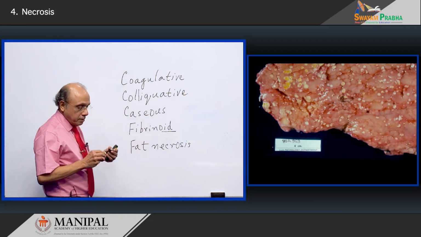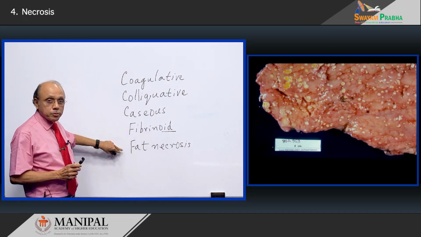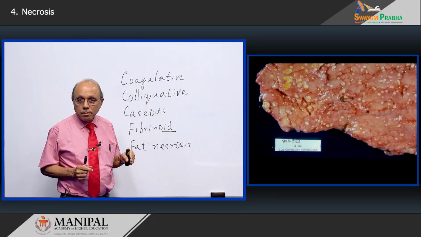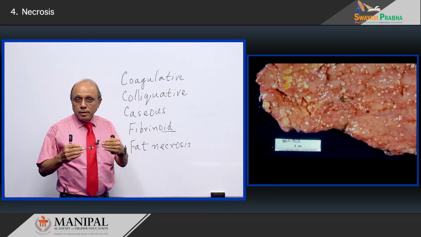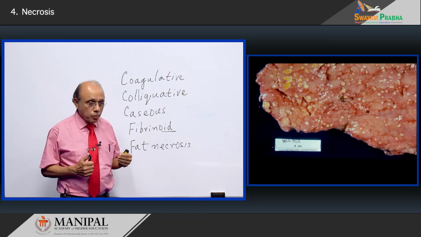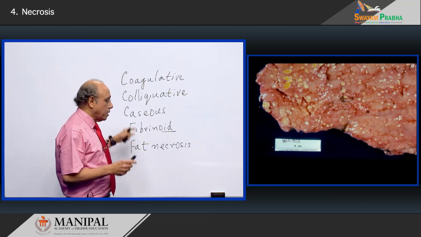This is the fifth type of necrosis where fat is acted on by the pancreatic enzymes. So the release of enzymes from the pancreas destroys the fat, acts on the fatty acid, and in the process you get saponification.